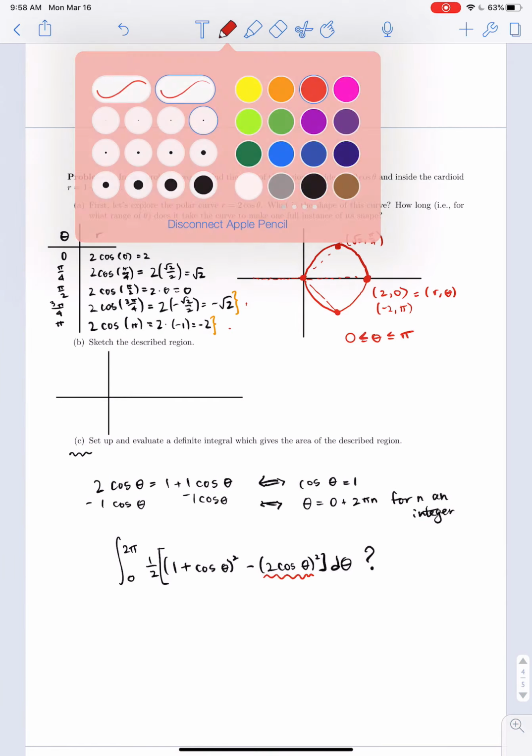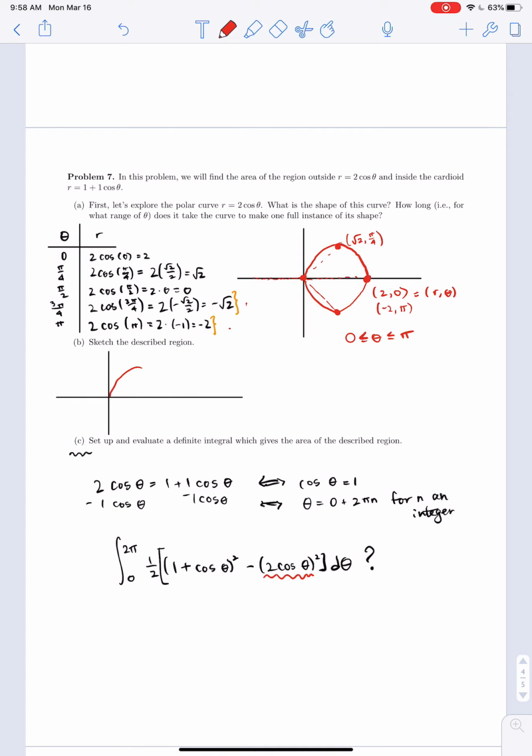So let me draw our inner curve, okay? But then our outer curve does something like this. Okay. So we are finding this yellow shaded region, the area of this yellow shaded region.